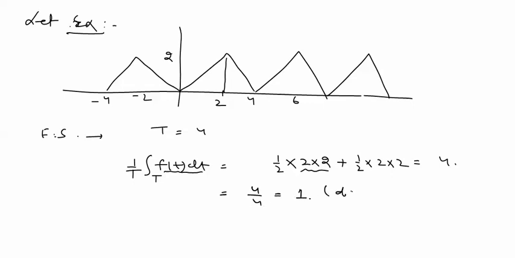DC value is 1. The area upon the total time period is 1. Area covered by the periodic waveform in a period upon T. We calculate the DC value.